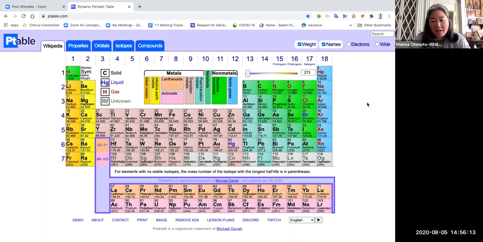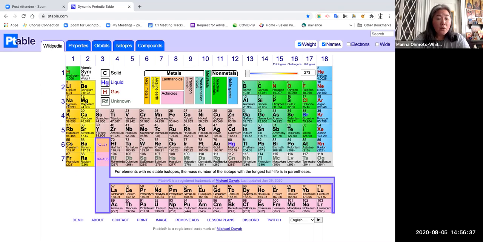But it doesn't matter, because everything is done by mass ratios anyway, as a way of being able to think about particle ratios. We'll get into the nitty-gritty of that later when we start talking about how to understand masses and stoichiometry. So this is a neat thing about this periodic table, that you see all the different colors.